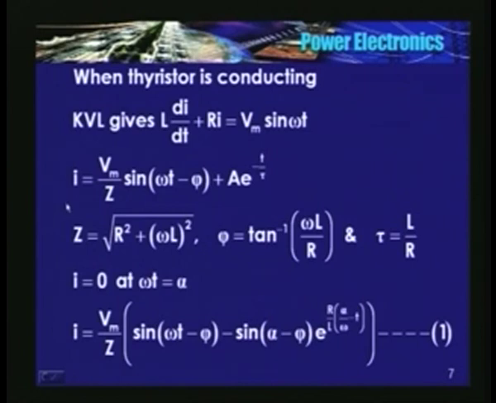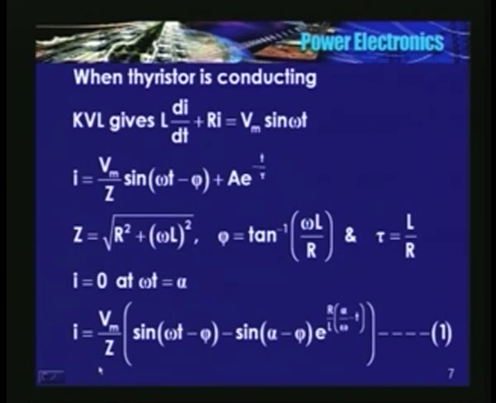Substituting or using this condition, I can solve the equation. I will get the expression for current. It is given by this equation: Vm by Z into sine omega t minus phi minus sine alpha minus phi into e to the power R by L into alpha by omega minus t.